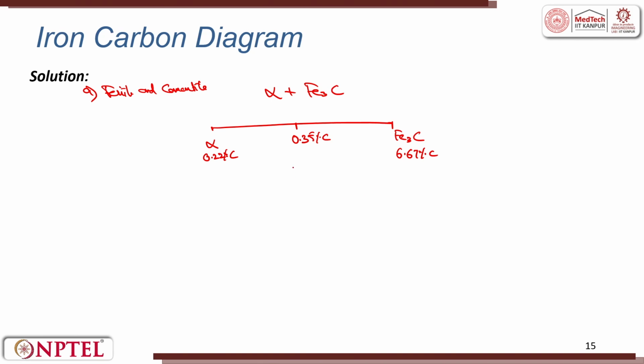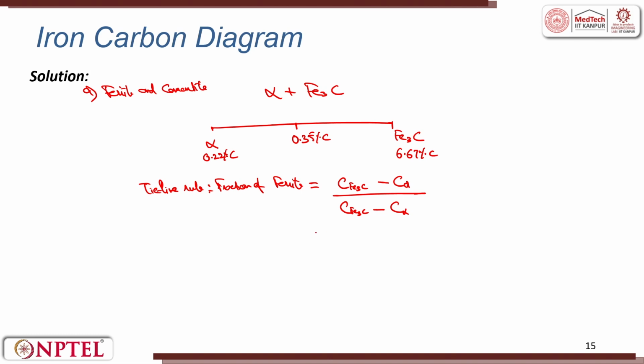So, using the tie line rule, it gives me the fraction of ferrite as the composition of cementite minus the desired composition, over the composition of cementite minus the composition of alpha.